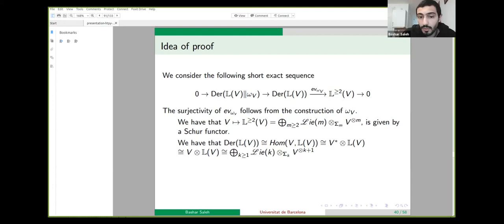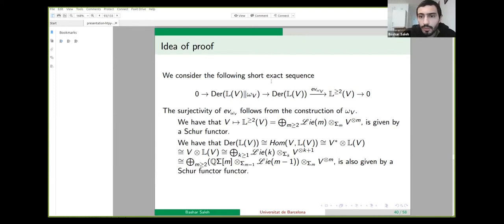So we take Lie(k) tensored with the (k+1)-fold tensor product of V, and we just rewrite it this way again, and we see that it's a Schur functor again. So V goes to this, it's also a Schur functor, when we have a canonical isomorphism from V star to V, the dual of V.